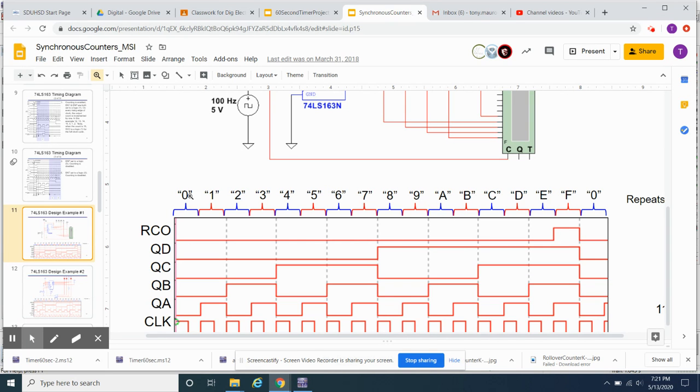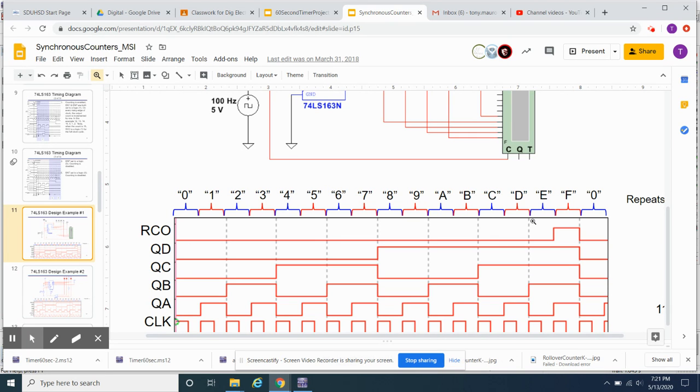Because every 0 through 15 is 16 clocks, and then it generates, and it'll generate again in another 16 clocks. Well, if I cut that short by feeding this into the load of the 163, I can shorten that period.